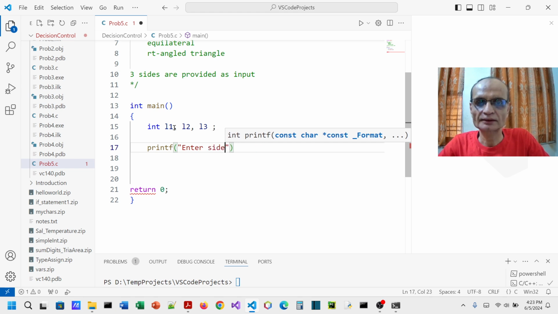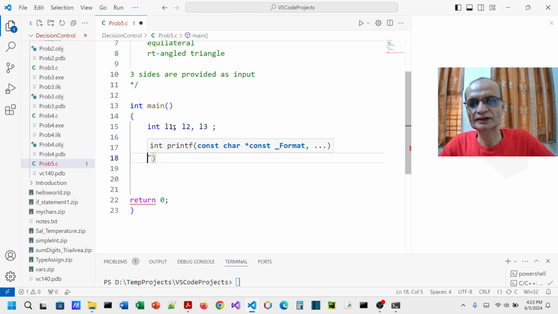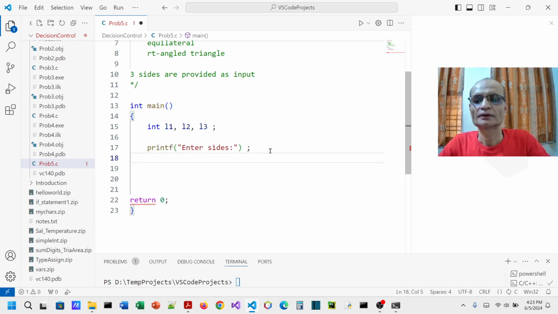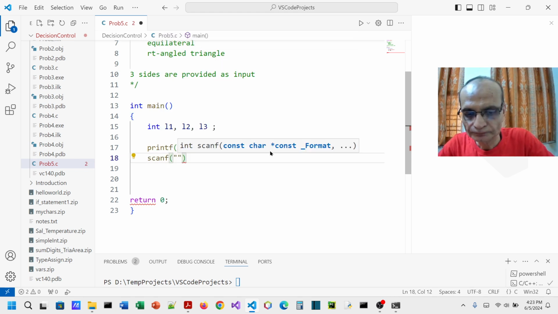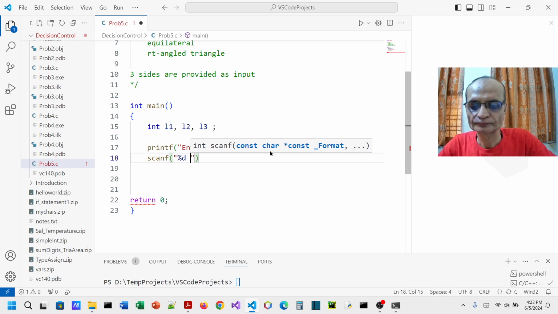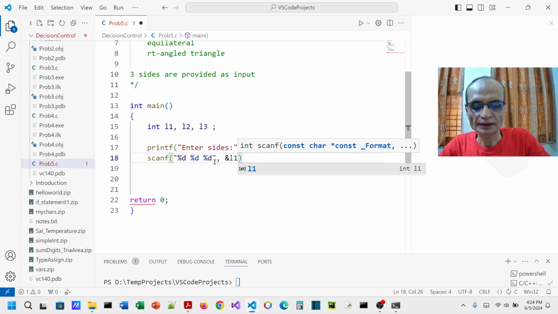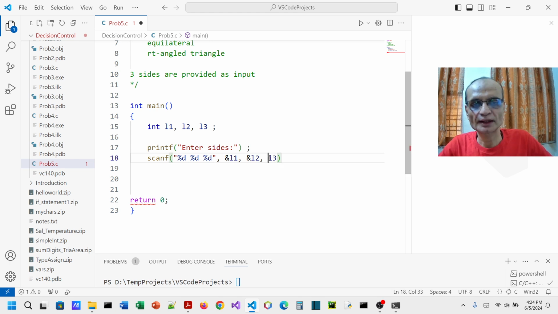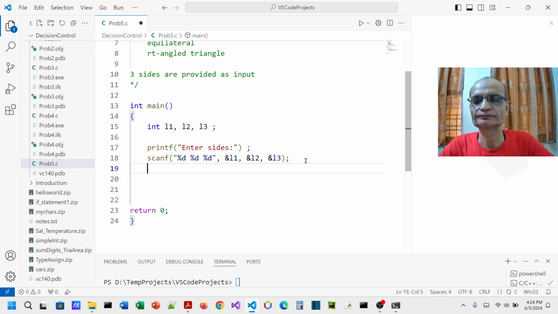So we will say enter sides, and obviously we know that we are doing it for a triangle. So we'll do scanf, and here we will have percentage d, and we need to take three lengths or three sides essentially. I have used L1, L2, L3 so that we know that it's for three lengths, or three sides.